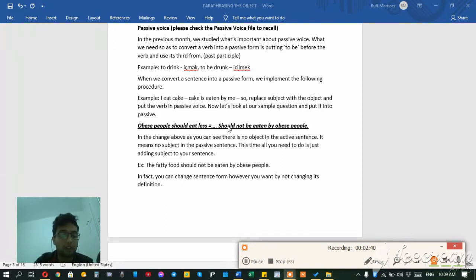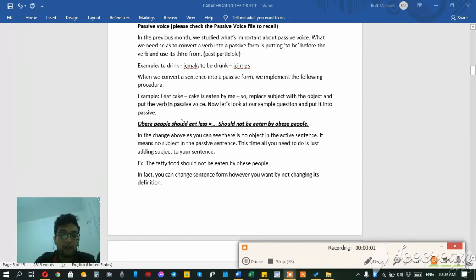But if you can, then use all three forms to paraphrase your question: passive form, synonyms, and changing the form. Now we're talking about passive form, and further we'll explain synonyms and changing the form as well.